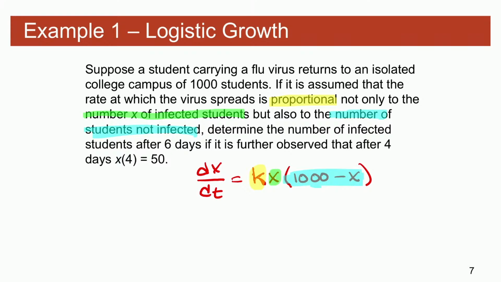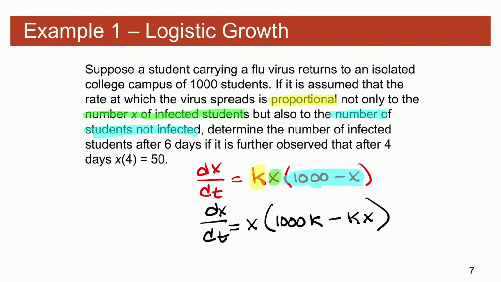So even though it's not quite the same description as the logistic growth model, I hope you see that this is exactly a logistic growth model. Let me clean this up just a bit. So we have dx over dt is equal to x times 1,000k minus k times x.